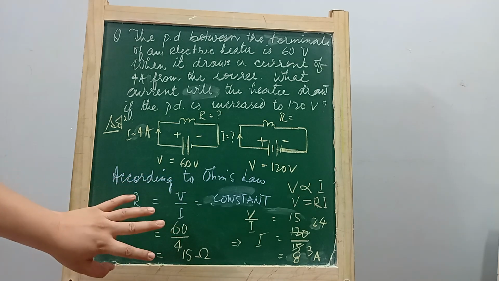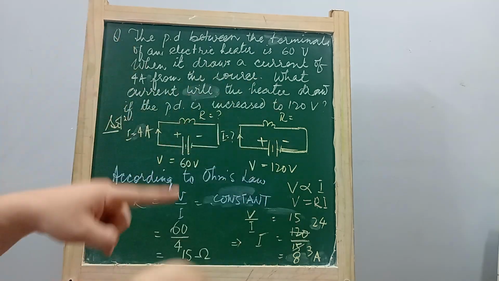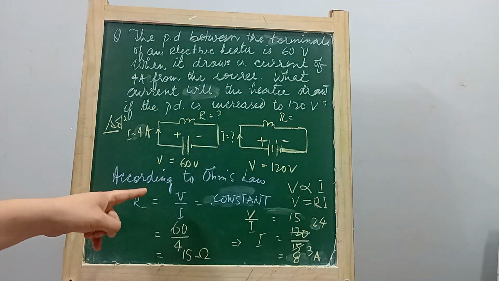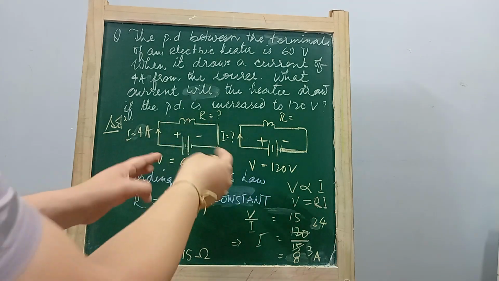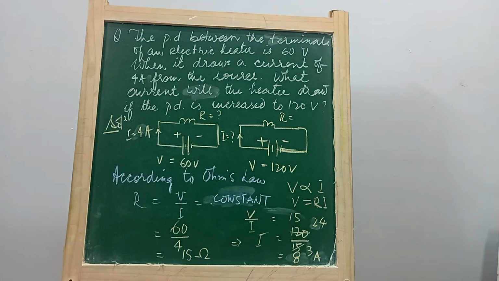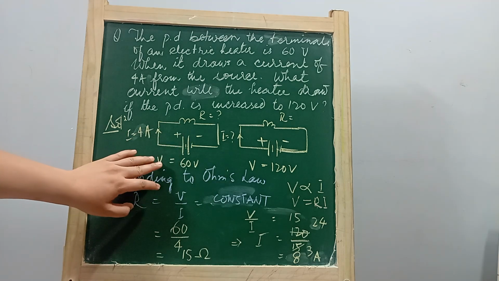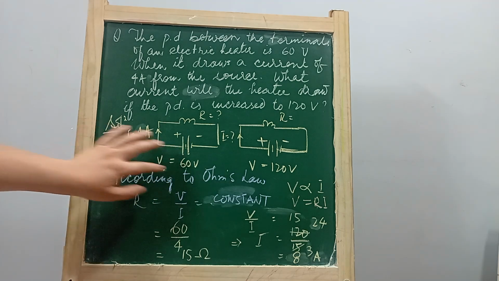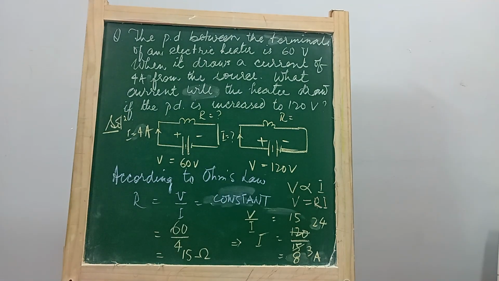It will never change unless the conductor or the electrical appliance is changed. Whatever the V, there will be a proportional I, but the R will not change.